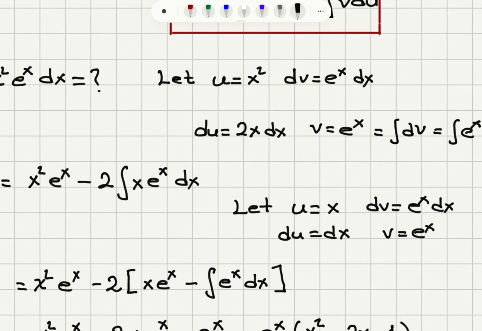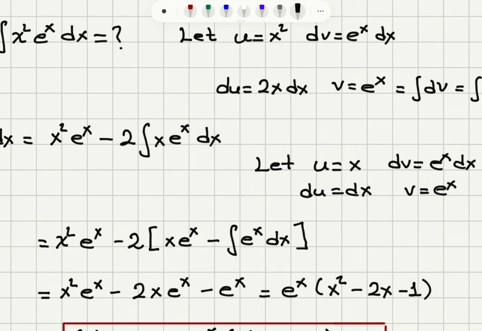So for that, we set u is equal to x, du is dx, dv is e to the x dx, v is e to the x. So that gives us uv, which is x e to the x, minus integral v du, e to the x dx.